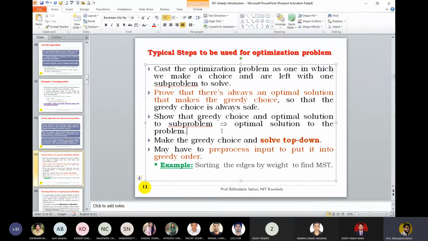Please remember, none of the greedy algorithms is implemented by using sorting. The items where the selection has to be made are put into a min heap or max heap. This is the thumb rule, a must.